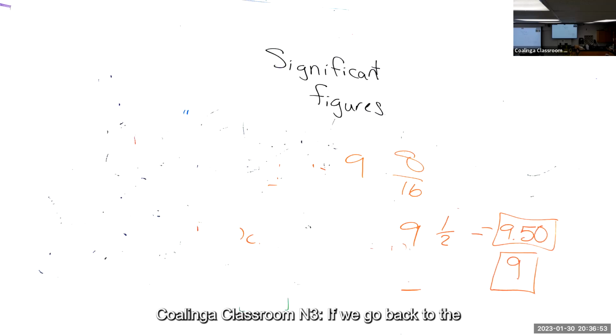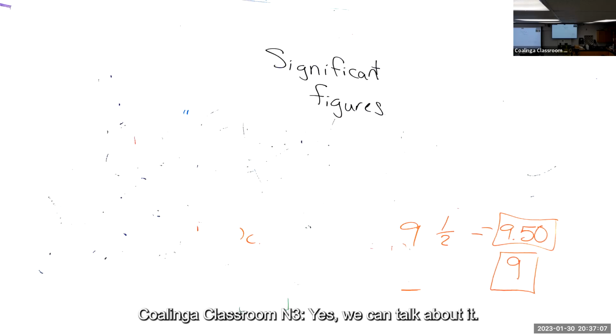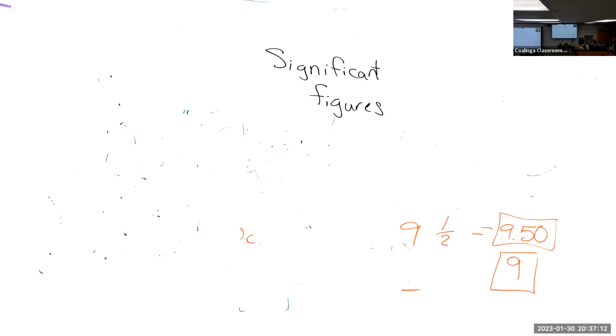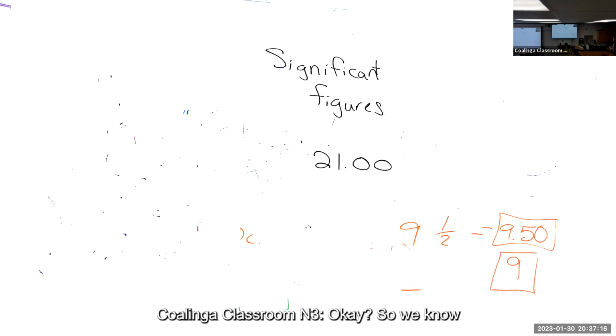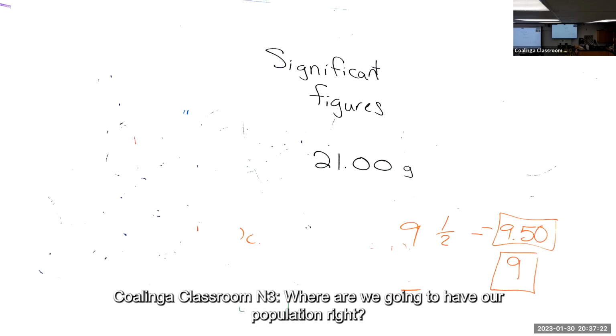Can we go back to number 18? Okay, 18 says you have a balance, and it reads 21.00 grams. Where are we gonna have our fluctuation?